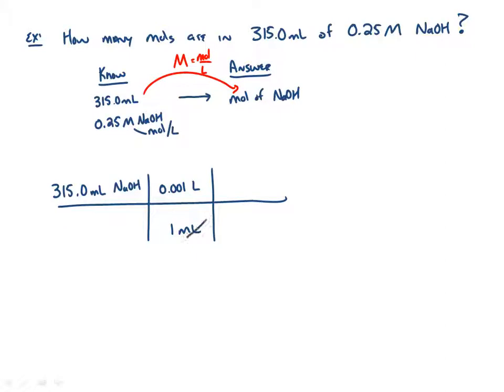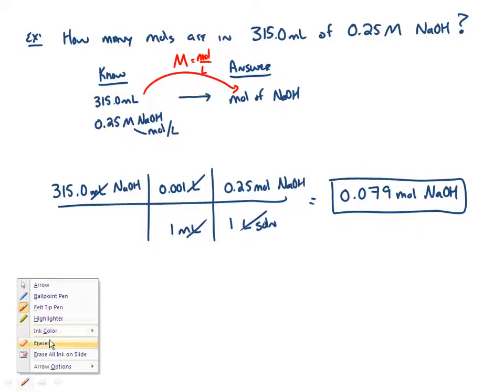So I've got milliliters and milliliters, and then I know that I have 0.25 moles of NaOH in 1 liter of that solution. So liters and liters cancel out. I multiply that all together, and I get 0.079 moles of NaOH.